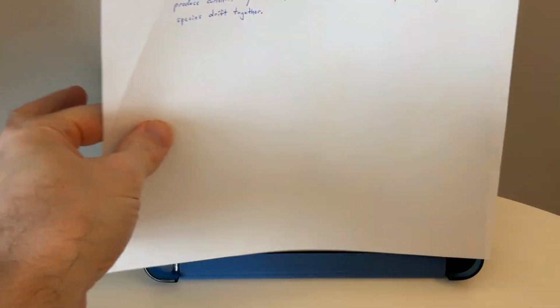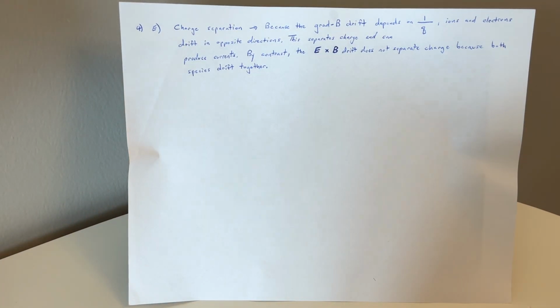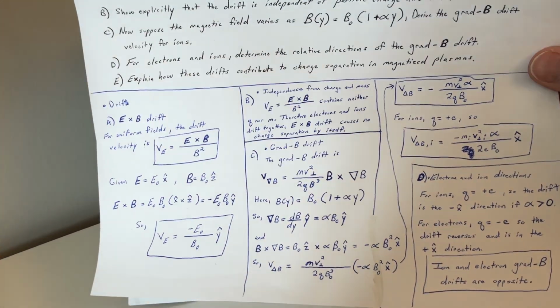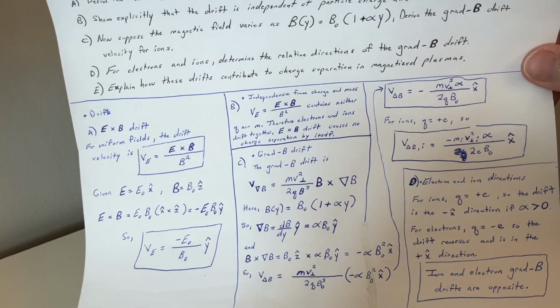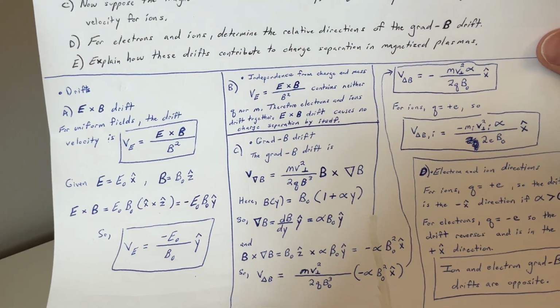And now we could do letter E. Going back to what letter E wanted: explain how these drifts contribute to charge separation in magnetized plasmas.